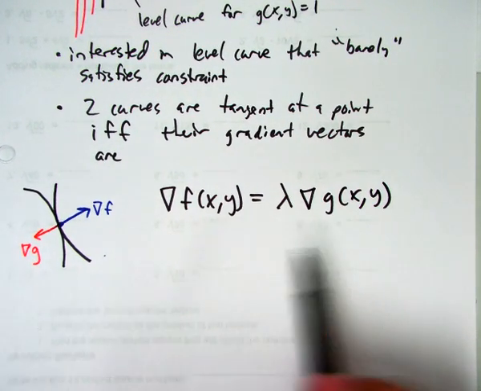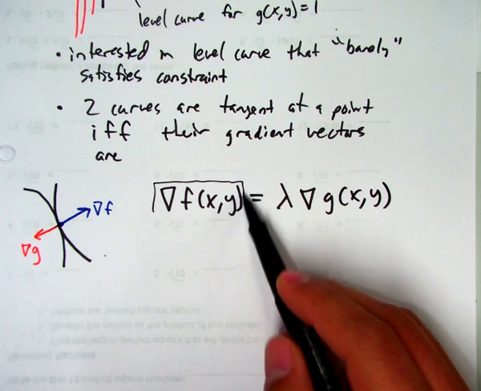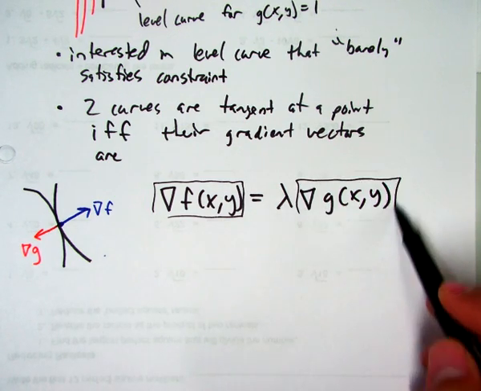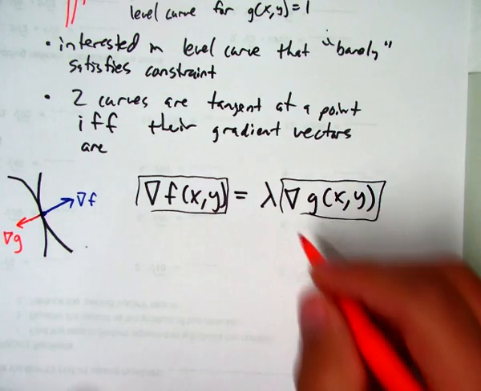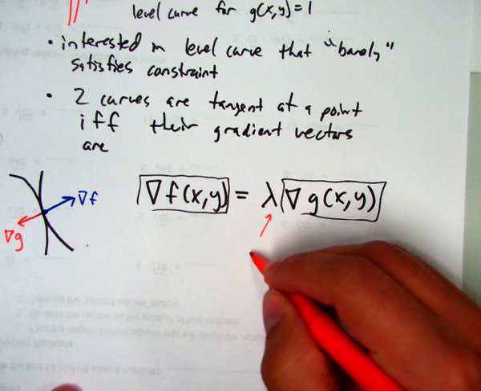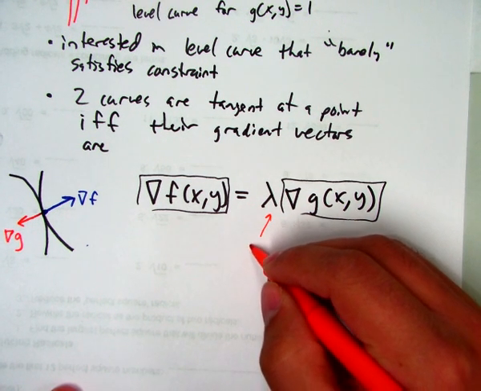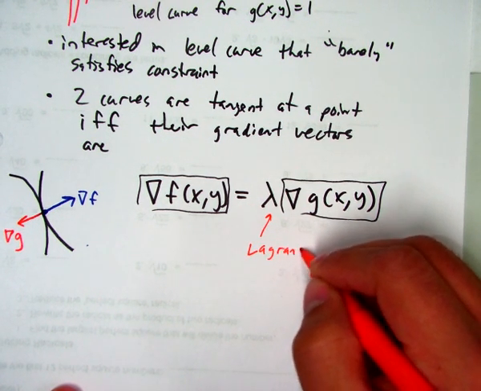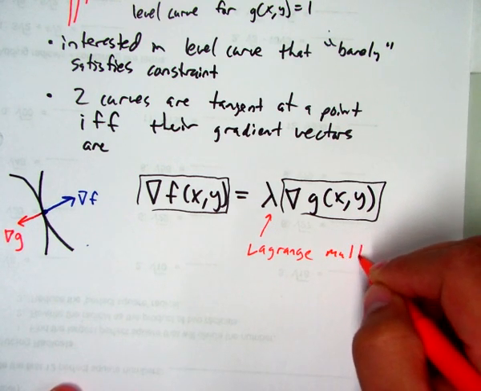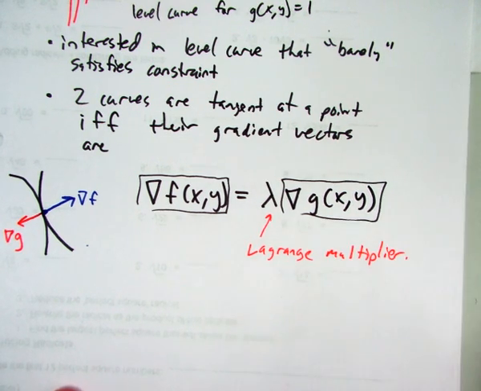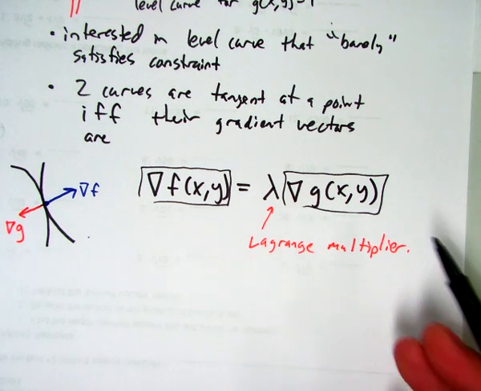Anyway, this is one gradient. This is another gradient. We said they have to be scalar multiples of one another. This is called the scalar, but in particular it's the Lagrange multiplier. And now, this is really the method right here.